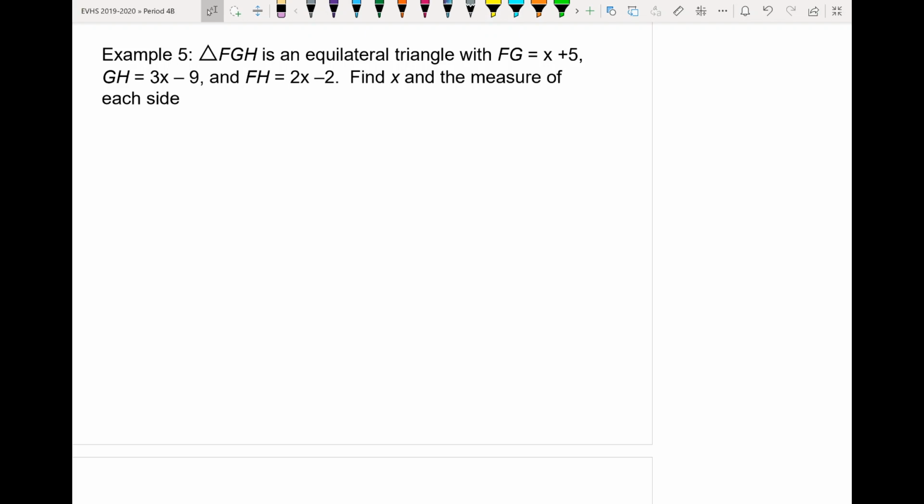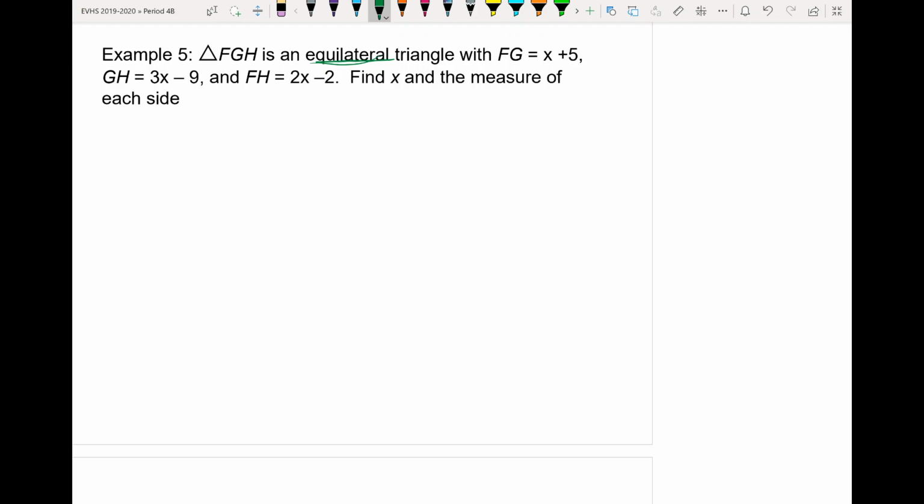All right. Example 5. Triangle FGH. Let's come back to it. Triangle FGH is an equilateral triangle with FG equals x plus 5, and so on. Find x and the measure of each side. So, if it is equilateral, what does that mean? So how do I solve for x? You put them all equal to each other.